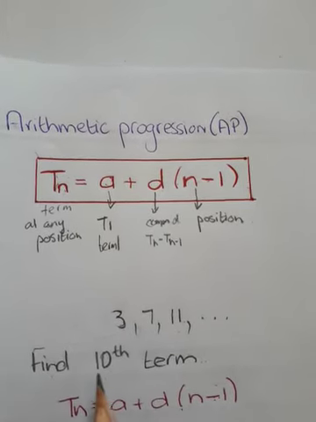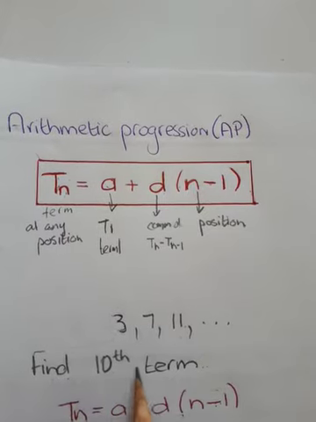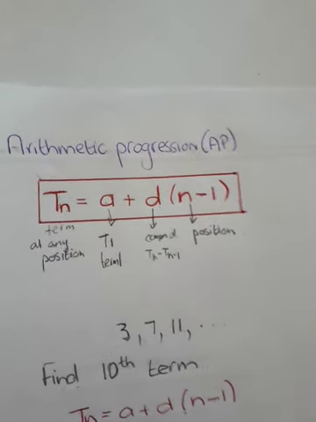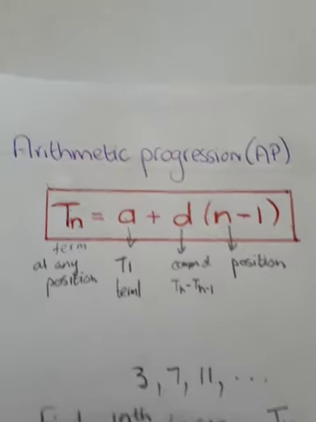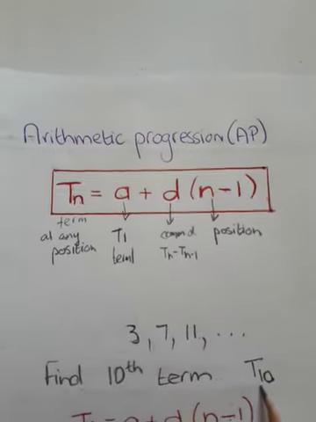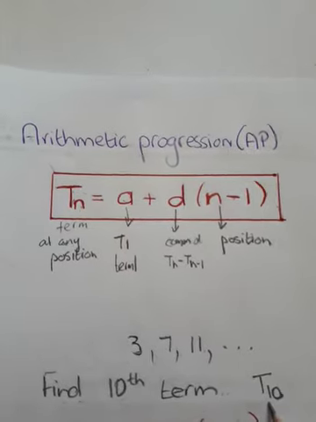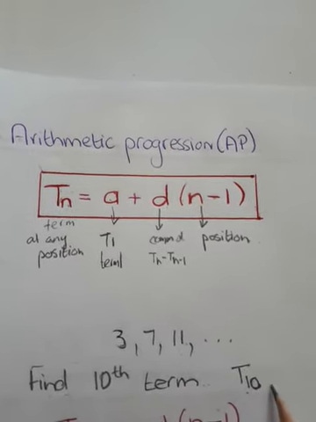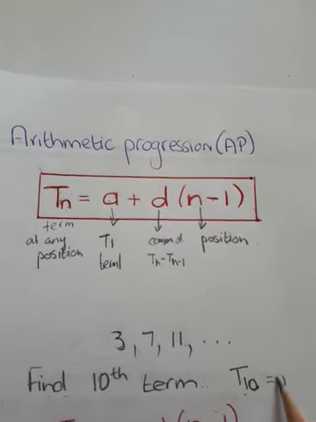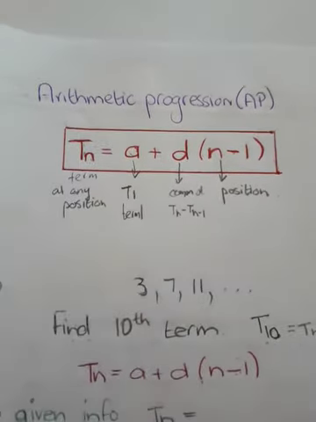So if we look at the question, find the 10th term, then that really is T10, isn't it? They ask you to calculate the value that would be at the 10th position. So that's T10, which really represents Tn.